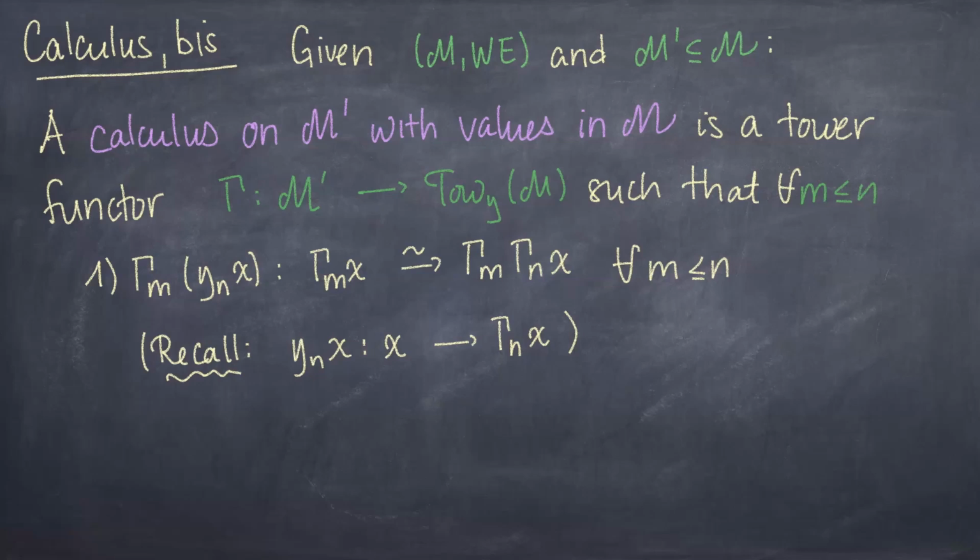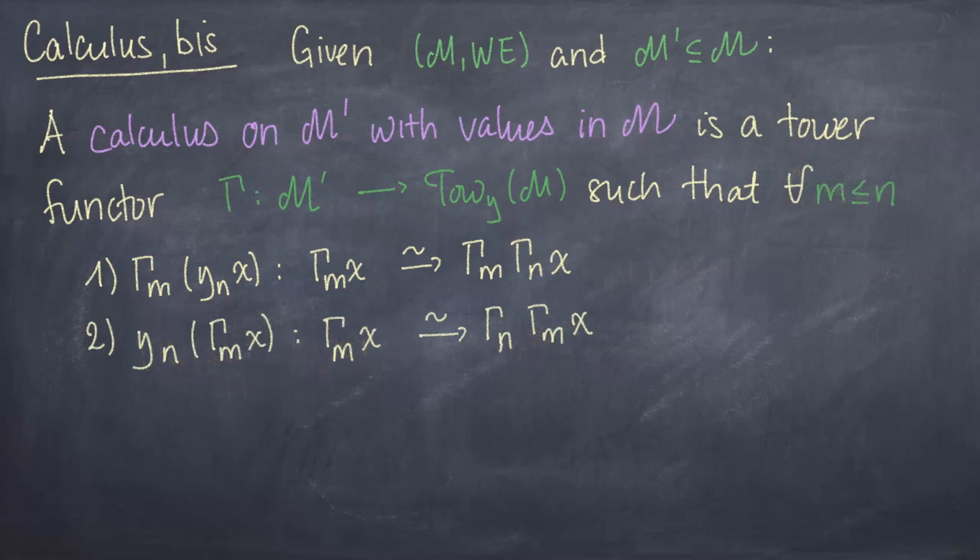Now, suppose that I take that degree n approximation and I apply a degree m approximation to it, where m is less than n. So now I'm cutting off the parts of the polynomial of degree greater than m. Well, it makes sense that if I do that to x itself, or I apply it to what I've already done as the degree n approximation, what I should get should be equivalent in this case, because m is less than or equal to n.